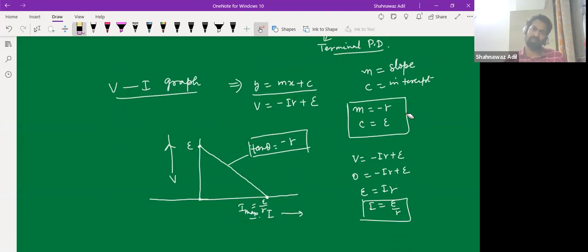Whenever you guys have completed everything, then we'll do one question from the graph, and then some special cases, and then we understand about the combination of cells.